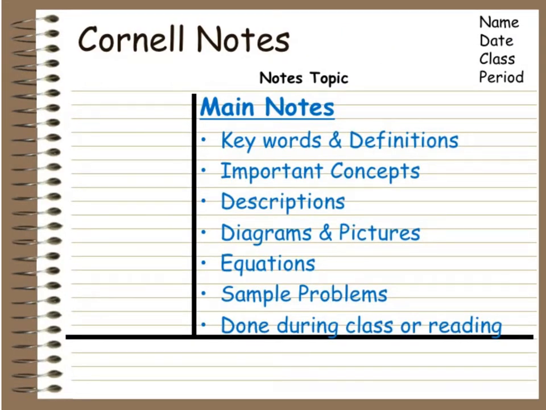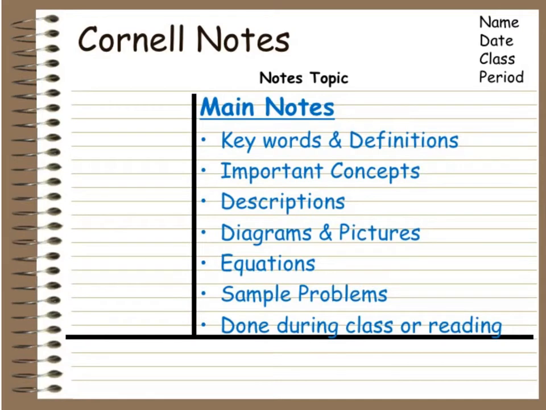Now when using Cornell Notes, the only real section that you use for taking notes is the top right section. This is your main notes section. And in this section, while you're doing your reading or listening to your lecture or watching your video or whatever you're using for Cornell Notes, you'll go ahead and write down your keywords and definitions, your important concepts, any descriptions you need, draw any diagrams or pictures, write down your equations, define your variables, and any sample problems as well.